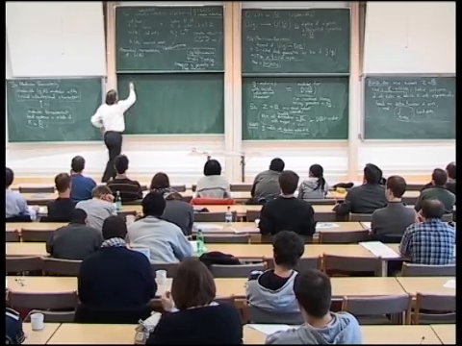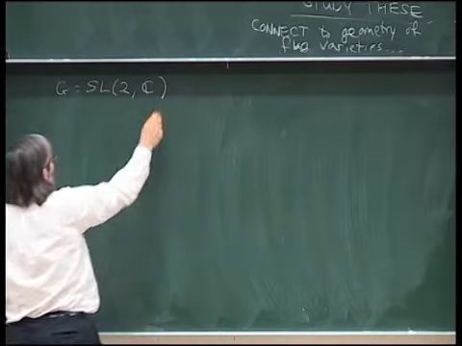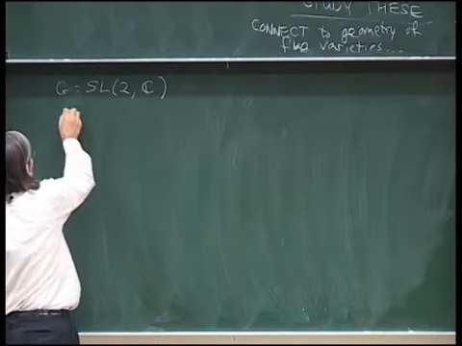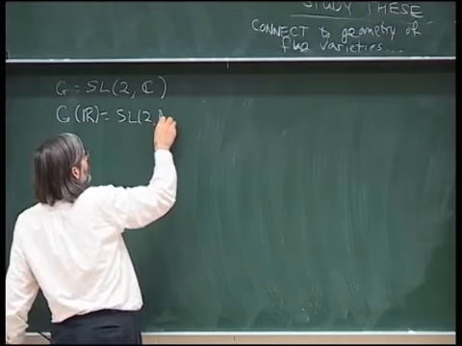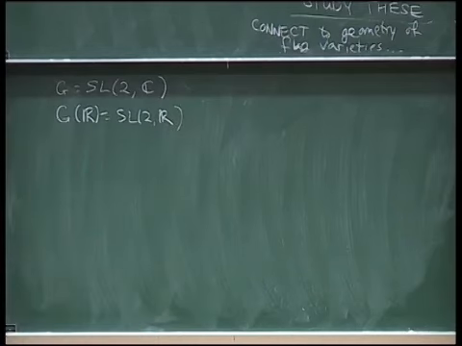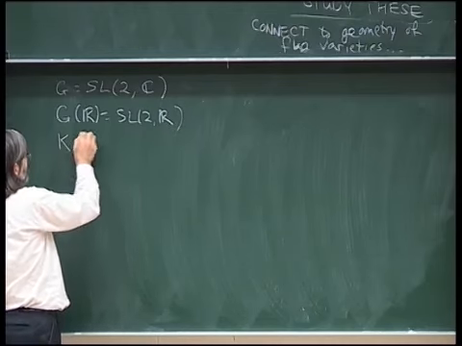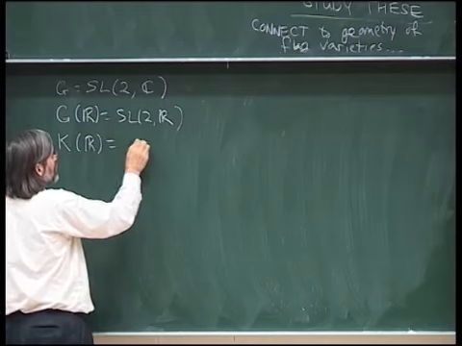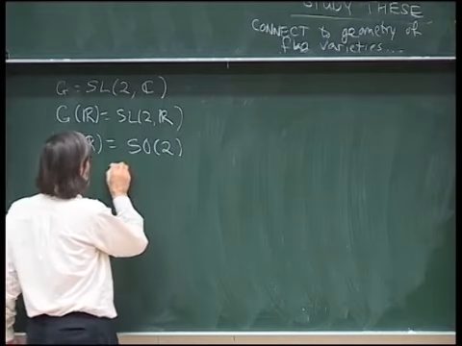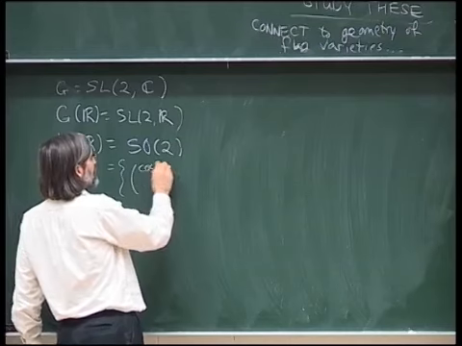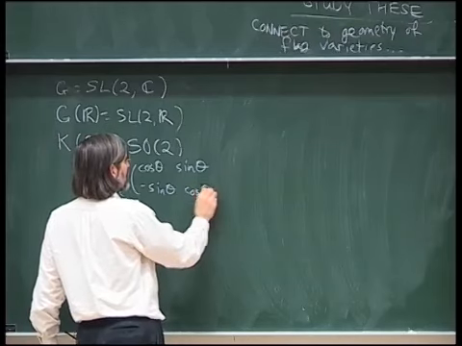If I start with SL2C and the real group SL2R that I talked about yesterday, or Tuesday, the maximal compact subgroup here is SO2, so these are matrices cosine theta, sine theta, minus sine theta, cosine theta.